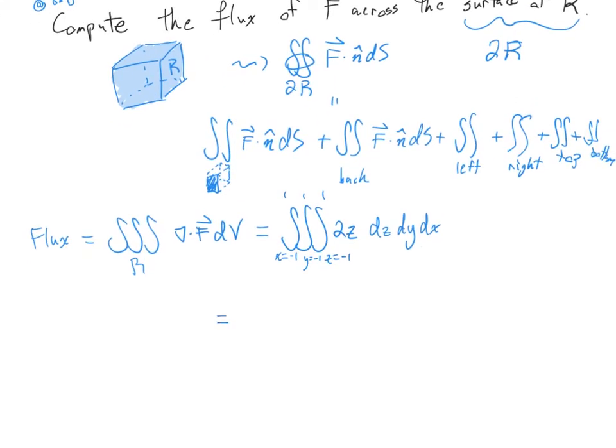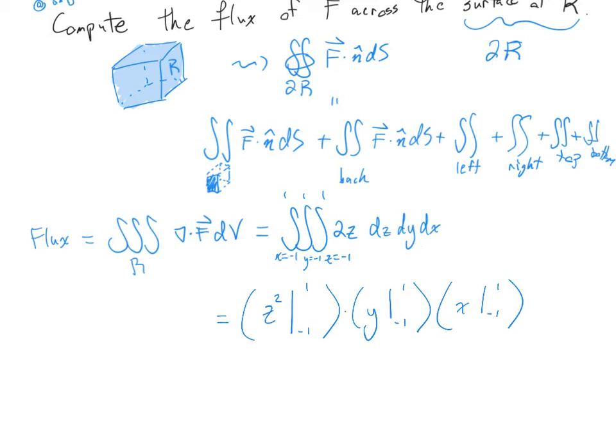So my answer is going to be, for the z component, I get z squared as my integral. So that's z squared, evaluated from -1 to 1. For y, I get a y evaluated from -1 to 1. And for dx, I get an x evaluated from -1 to 1.